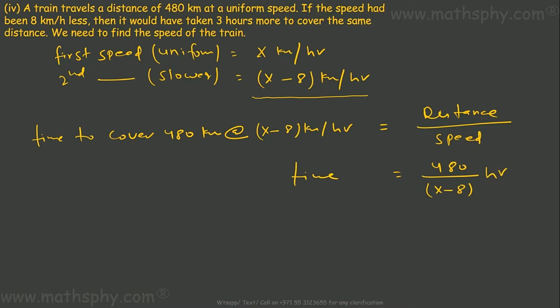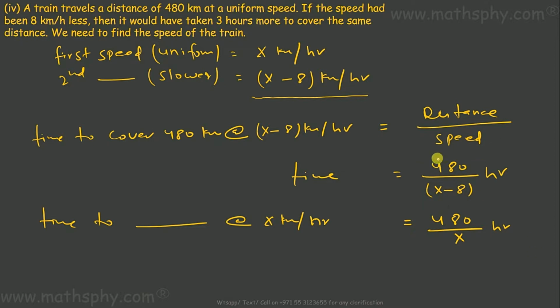Now it says this time here is 3 hours more than it takes at the other speed for 480 kilometers. So time to cover 480 kilometers at x kilometers per hour would be 480 over x hours.